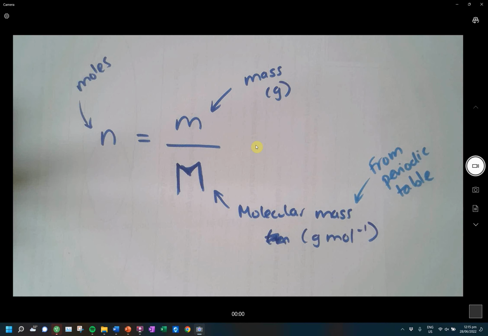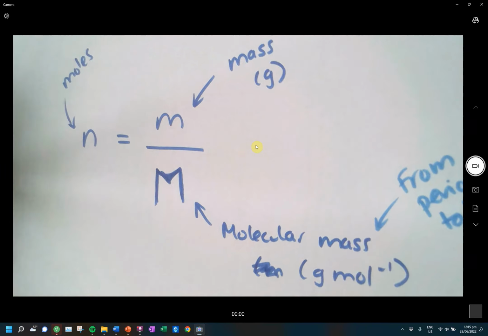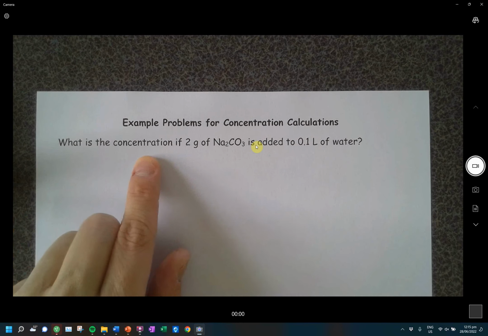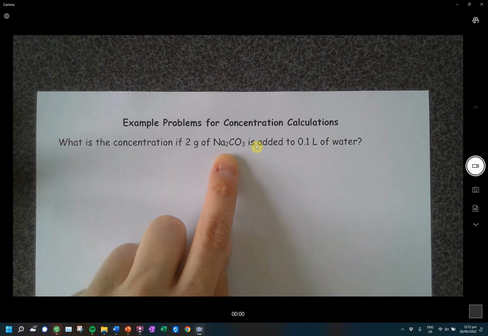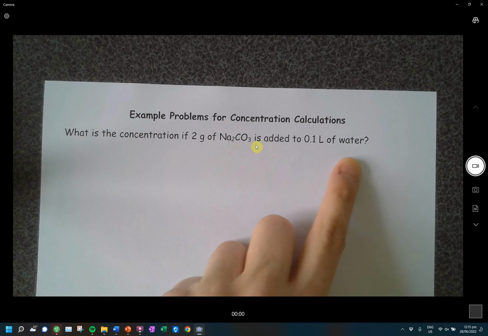All right, can I keep going? Ready for me to keep going? Yes. Okay. All right, so I just want to do the first part to both of these example questions. We'll worry about concentration later. All right, so this first question here is asking, what is the concentration if I took 2 grams of sodium carbonate and added it to 0.1 liters of water?